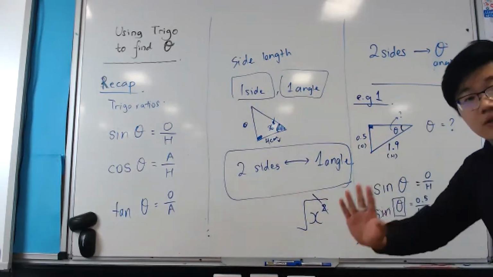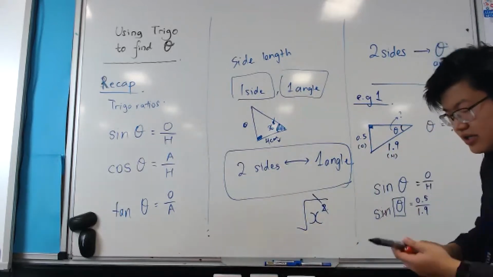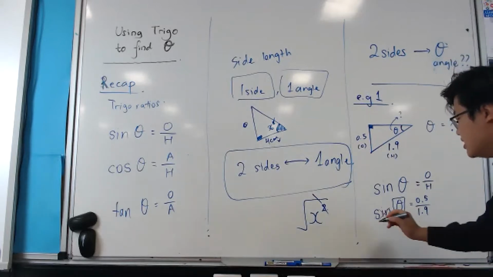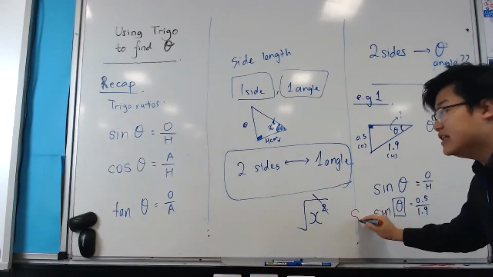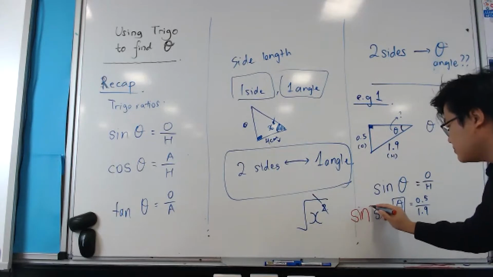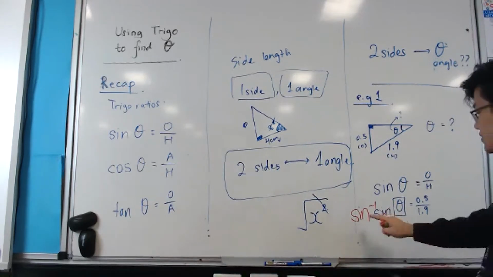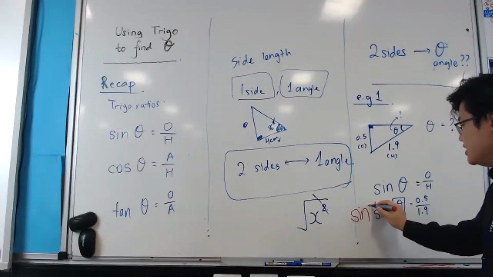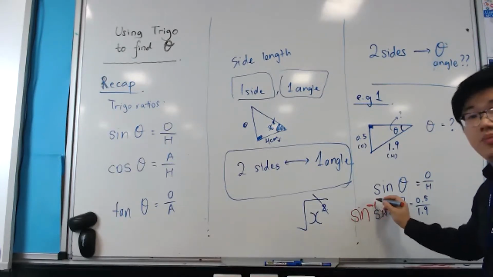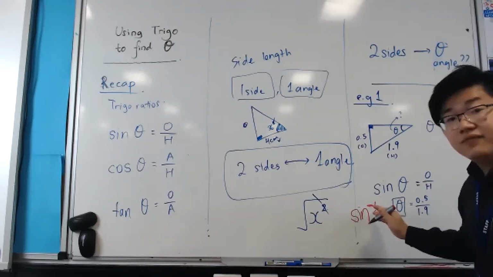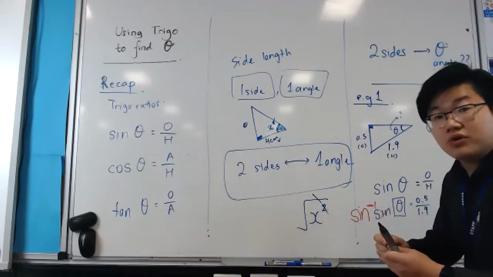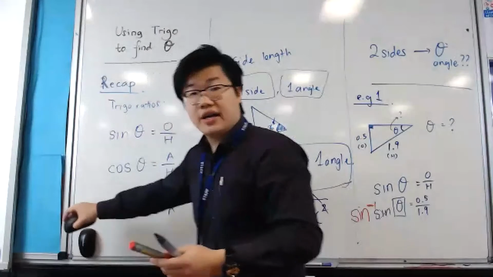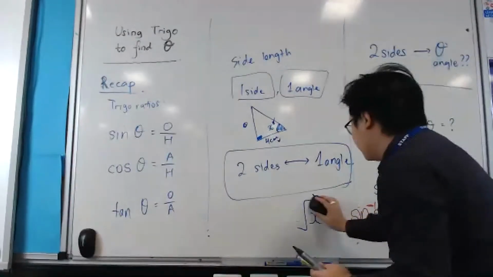Now sine, exactly the same thing. So what you're gonna do, you put inverse sine in front of it. So sine to the power of negative 1, but it's not pronounced as sine to the power of negative 1. It's called inverse sine. Yeah, big words. Make sure you jot it down. All right, get the right terminology once and for all.